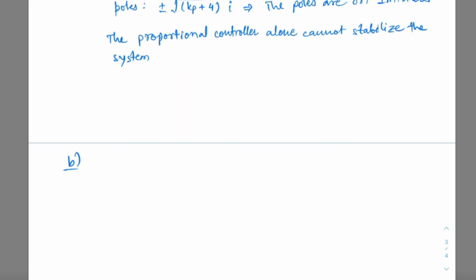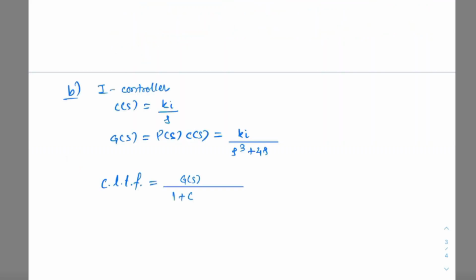So looking at the closed loop transfer function, it is again, so we are assuming a unity feedback here.